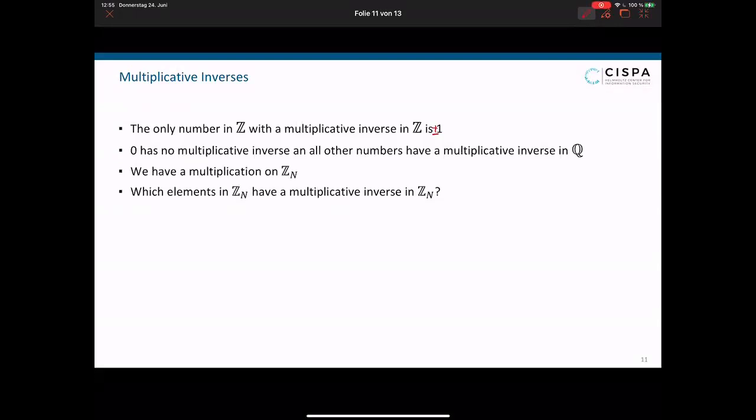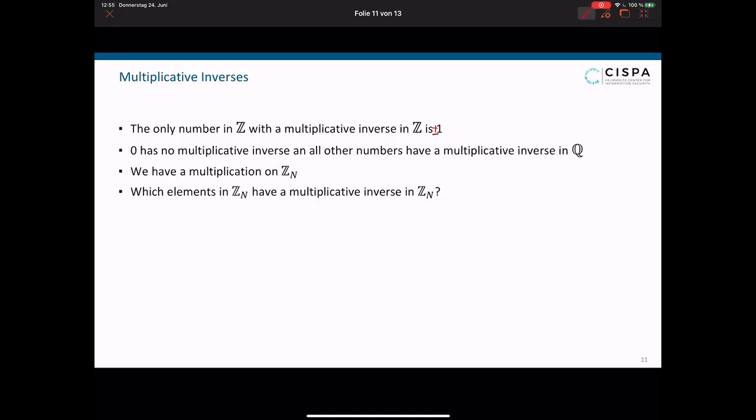Clearly, 0 has no multiplicative inverse, and for all other numbers in Z, their multiplicative inverses are in Q. That's how we define Q. Q is the closure over all multiplicative inverses of Z.